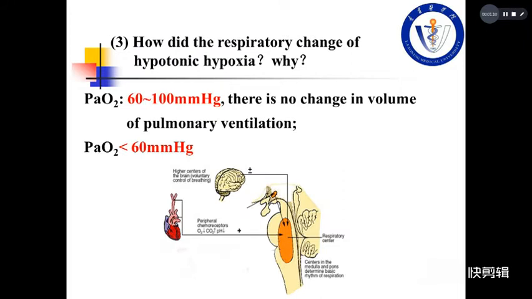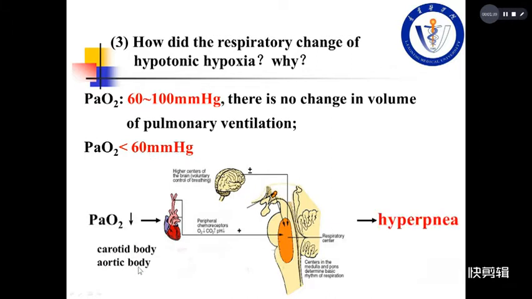Now, how does the respiration change in hypotonic hypoxia? Why? When the partial pressure of oxygen is 30 to 100 mmHg, there is almost no change in the volume of pulmonary ventilation. Now, if the partial pressure of oxygen is less than 60, the low partial pressure of oxygen can stimulate the carotid body and the aortic body.